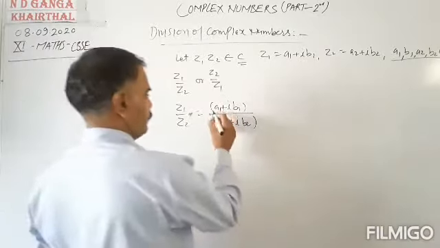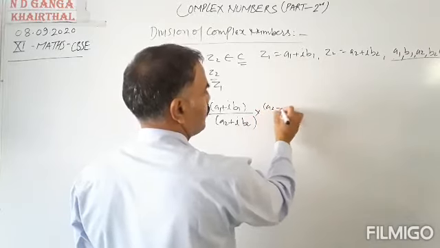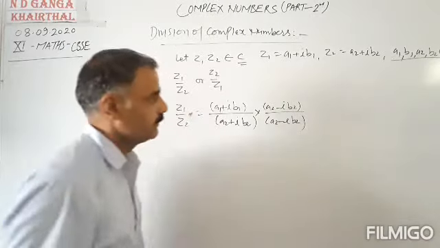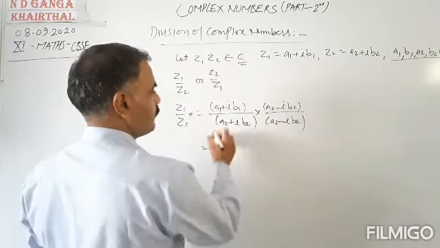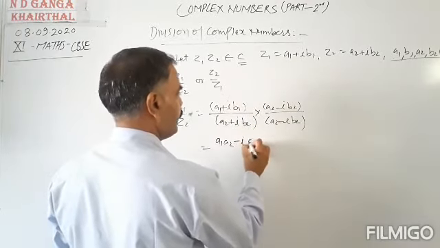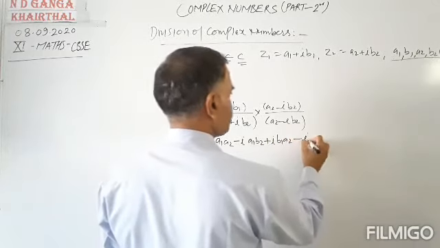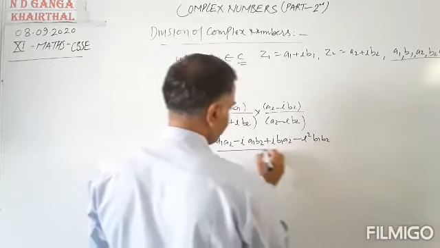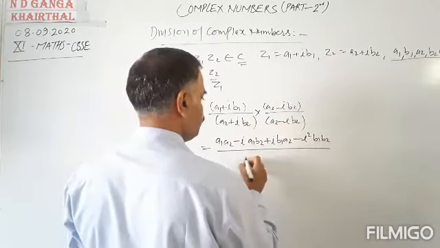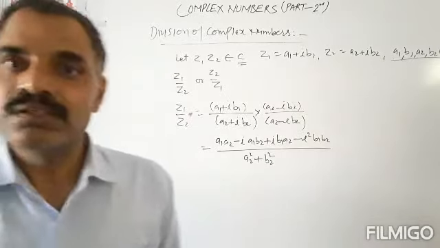Now we will multiply by a2 minus iota b2 divided by a2 minus iota b2. Multiplying, we have a1 a2 minus iota a1 b2 plus iota b1 a2 minus iota square b1 b2, divided by a2 plus iota b2 times a2 minus iota b2, which gives a2 square plus b2 square.